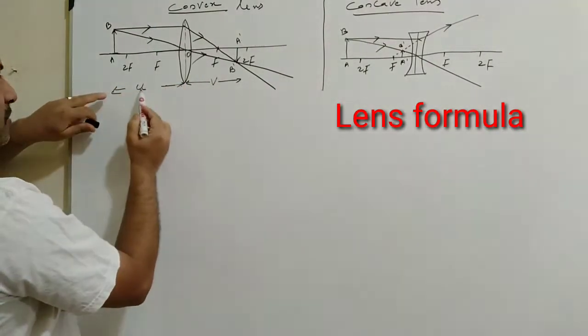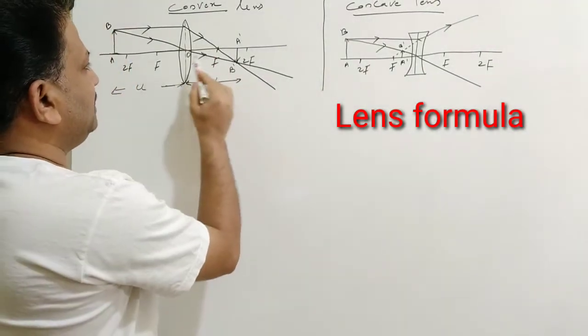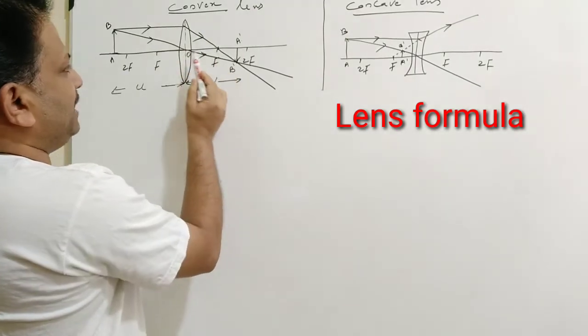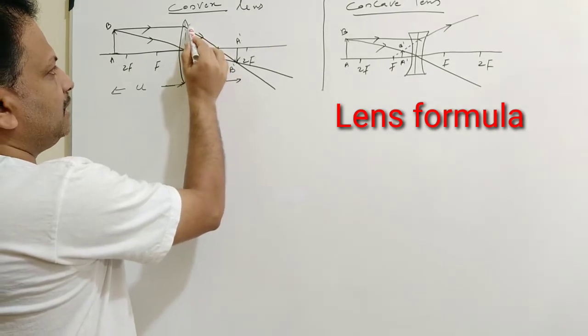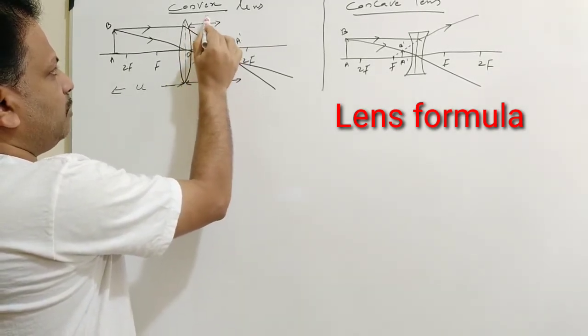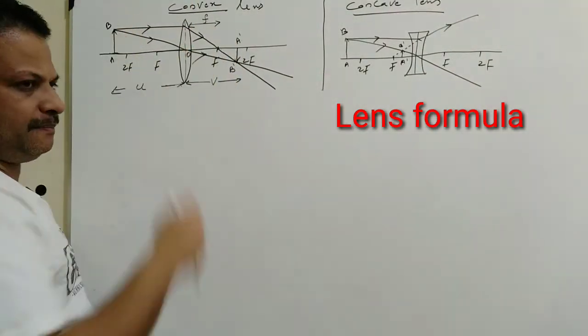This is the image distance. The distance of the object from the optical center is denoted by a small letter u. This is the object distance. Then the focal length: the linear distance between the optical center and the principal focus is known as the focal length, denoted by a small letter f.